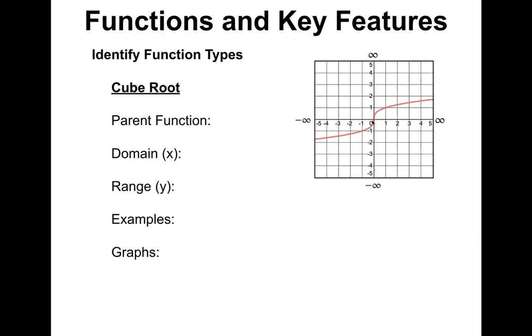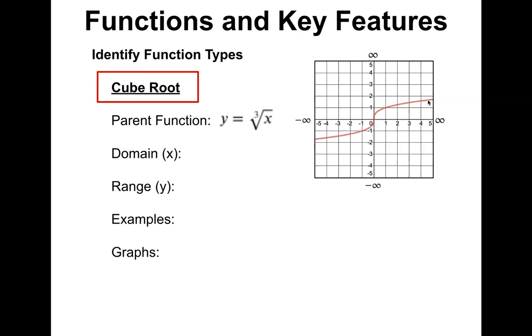And then finally, we have our cube root function. Notice our cube function from before is now rotated because they're opposite operations. A cube root is the opposite of cubing. So here we have our function y equals the cube root of x.